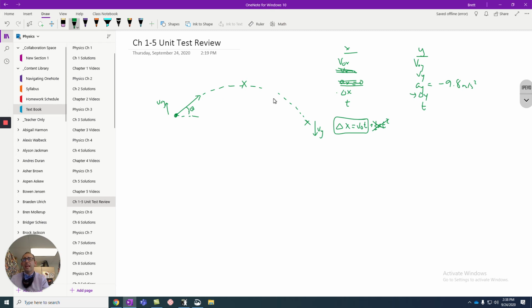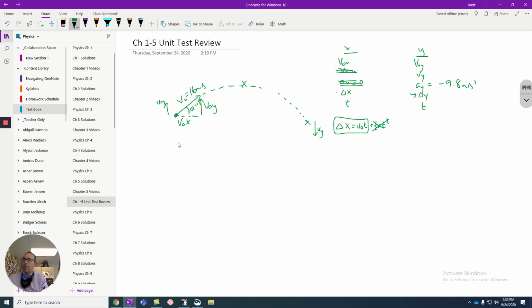But at the end of the day, the biggest issue you're going to have is figuring out v naught in the y direction and v naught in the x direction. To do that, we're going to have to multiply by a sine and a cosine if we know the initial velocity. So let's assume the initial velocity was 16 meters per second and the angle was 13 degrees.